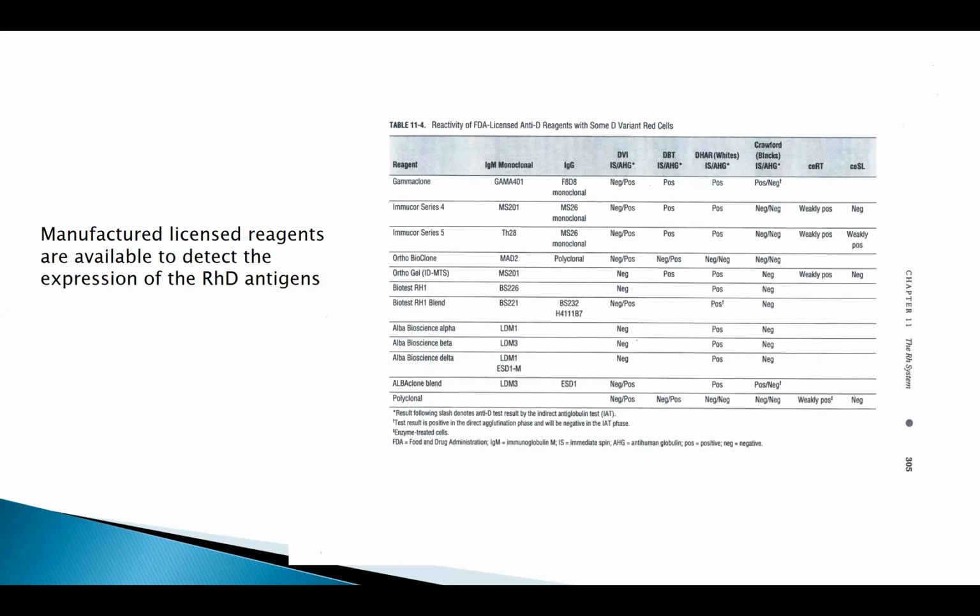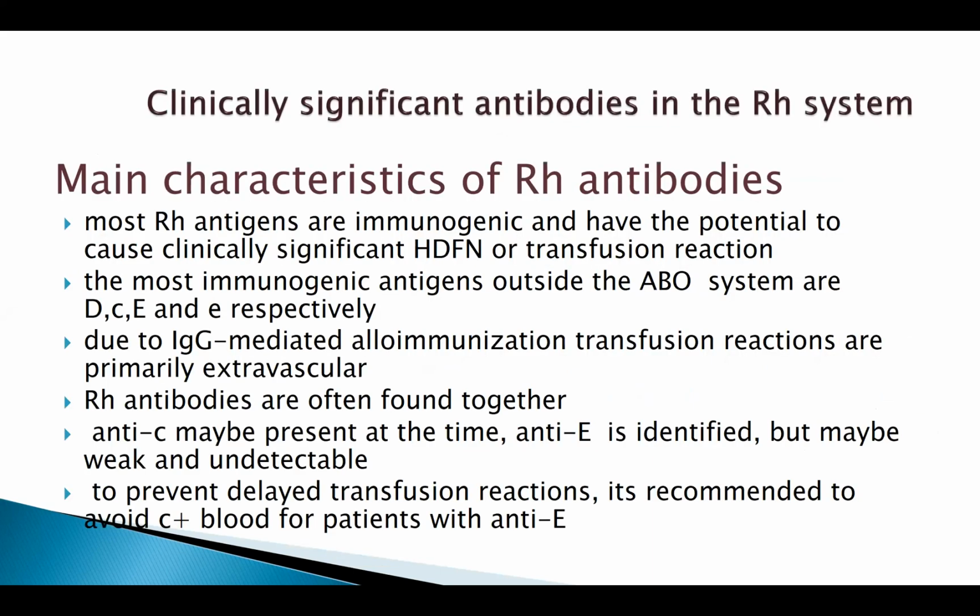Now the antibodies, the main characteristics of Rh antibodies. Of course, the antigens are very immunogenic outside the ABO system: D, then little c, big E, and little e, respectively. Anti-little c may be present at the time that anti-E is identified.